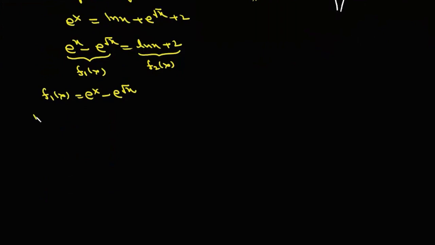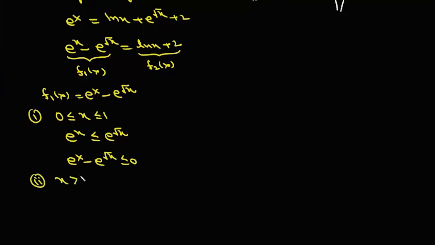Now we know that when x lies between 0 and 1, e to the power x will be less than or equal to e to the power root x, or e to the power x minus e to the power root x will be less than or equal to 0. And when x is greater than 1, then e to the power x will be greater than e to the power root x, or e to the power x minus e to the power root x will be greater than 0.